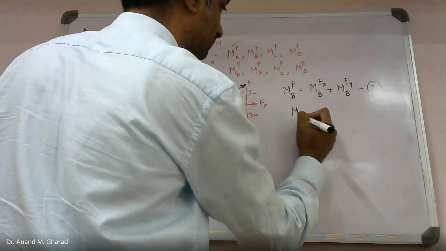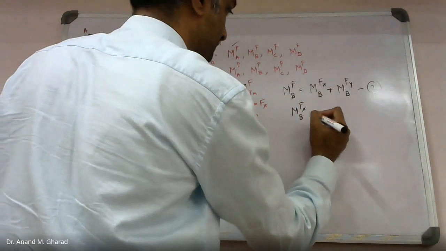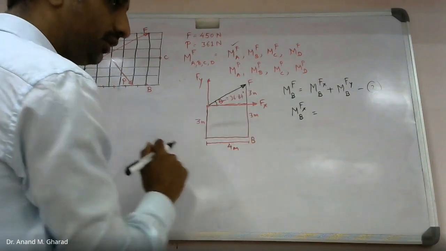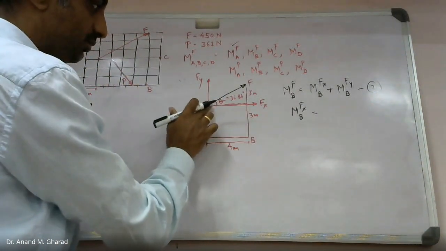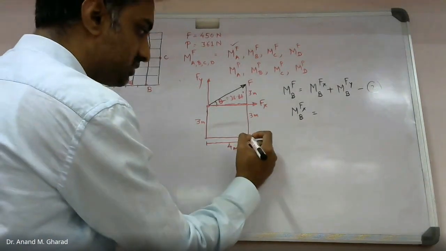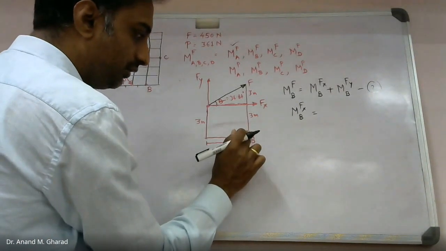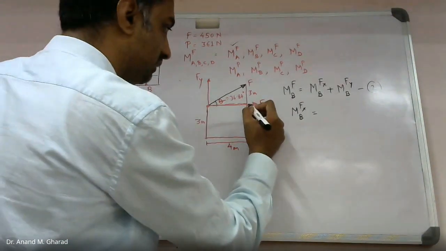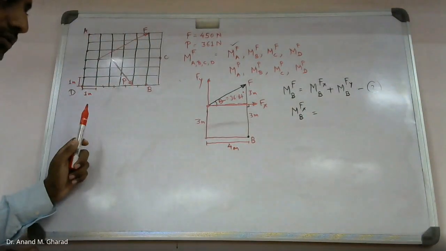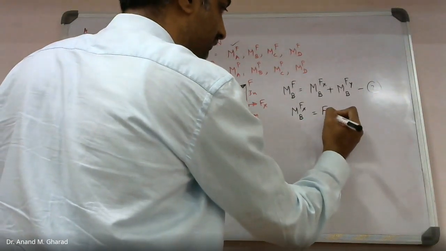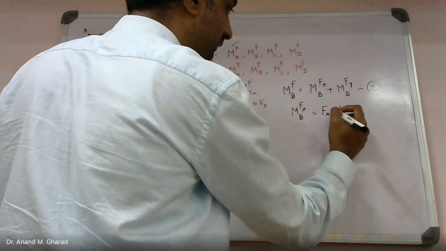Now, moment about point B due to Fx. You identify this value. What has to be done? You are supposed to extend the line of action of the force and drop a perpendicular from this moment center to the line of action of the force. That will give you the small d value. How much is d in this case? 3 meter.